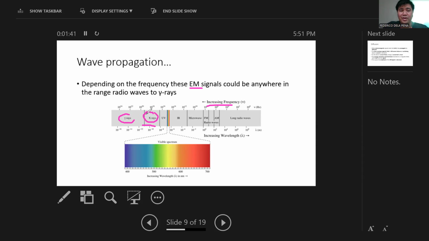X-ray from your doctor's checkup. UV from the sun. You also have your visible spectrum, your infrared, your microwave, radio, and then long radio waves.